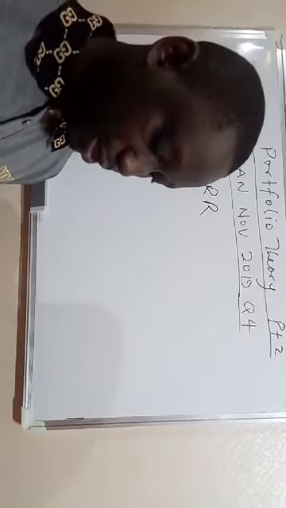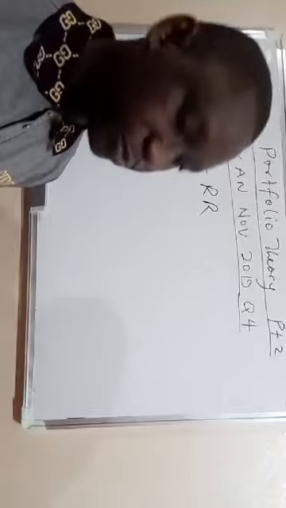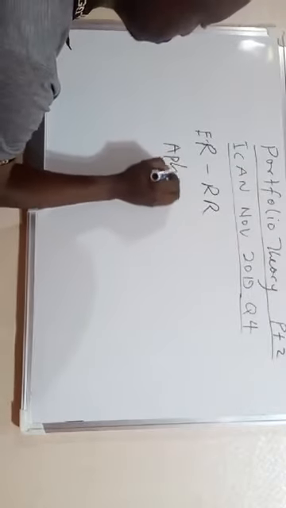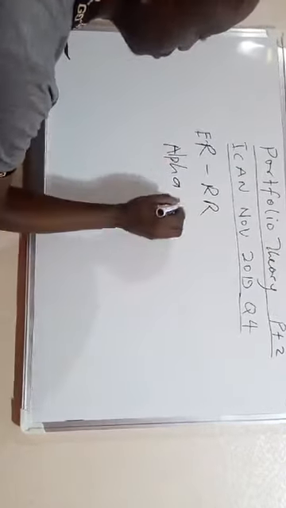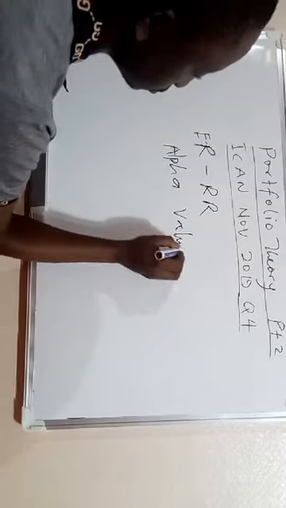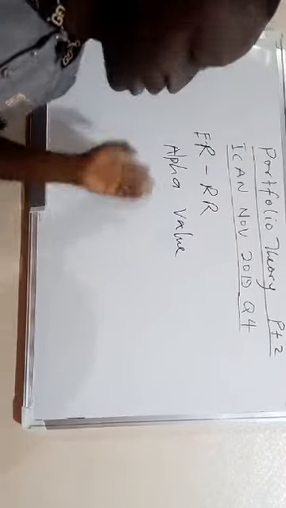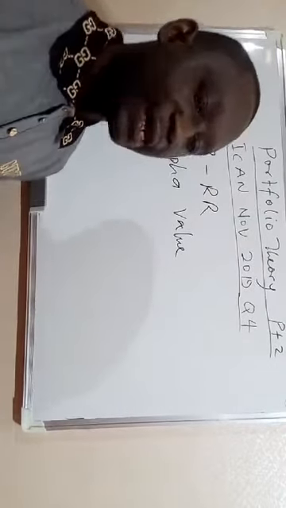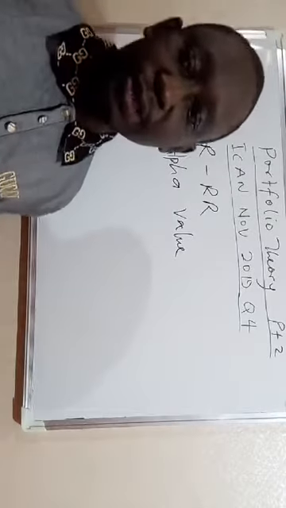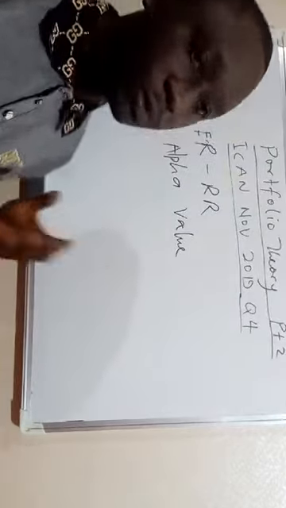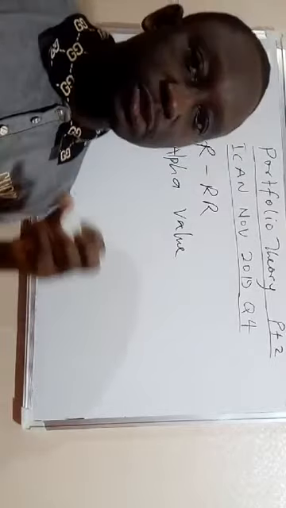Using the security market line, which of the three stocks is the most attractive to buy? Which one is the most attractive to buy? And in the last video, I talked about the alpha value, and I said that the alpha value is what analysts use to advise their clients on which security to buy, which security to sell, and which security to hold.